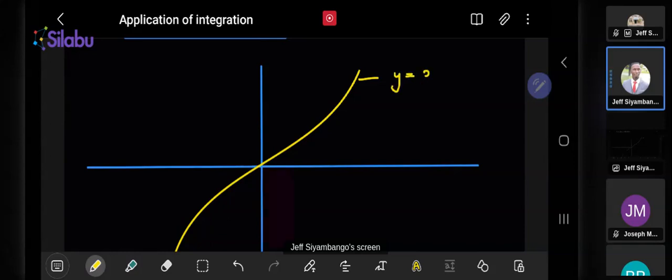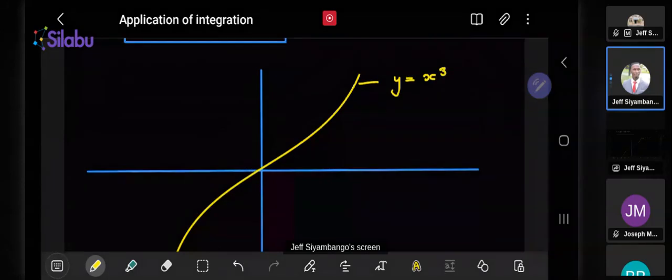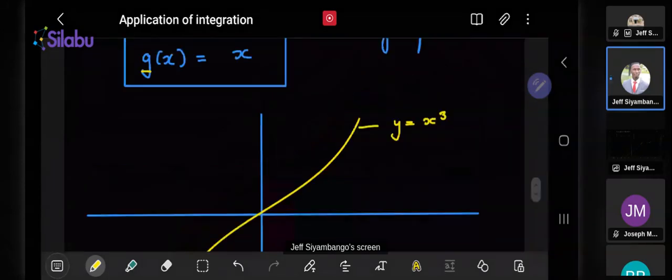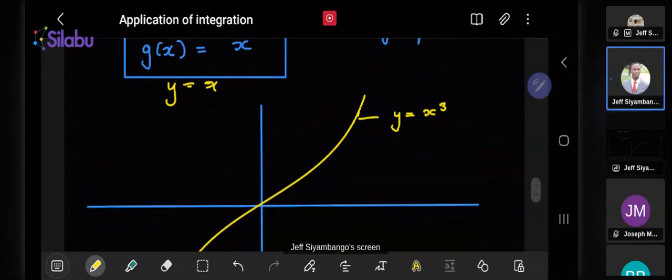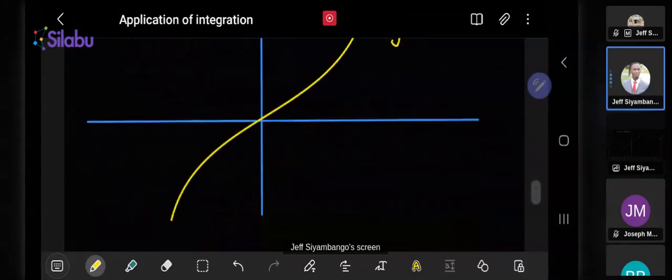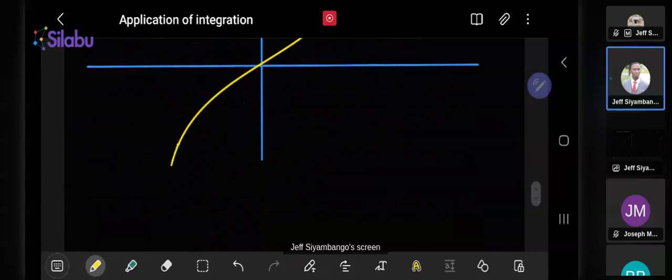Now, what are we seeing? The next one is this one here. g of x is equal to x. So here, of course, we say this is just y equals x, and we know how that graph goes. Let me just extend this one, and say it continues to go something like this, and let me extend it down here and say it continues to go something like that.